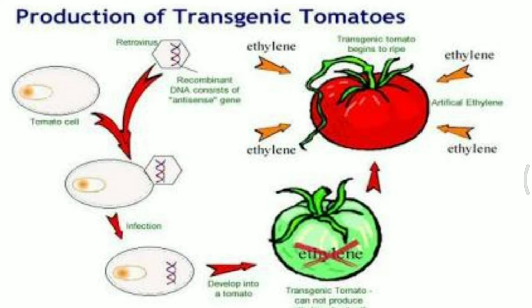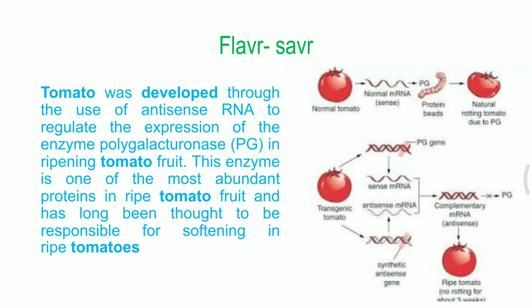Now, Flavr Savr is the kind of tomato formed by scientists using a technique known as miRNA technology, where antisense RNA is used to regulate the expression of the enzyme polygalacturonase. The importance of this enzyme is that it helps in ripening of the tomato fruit.